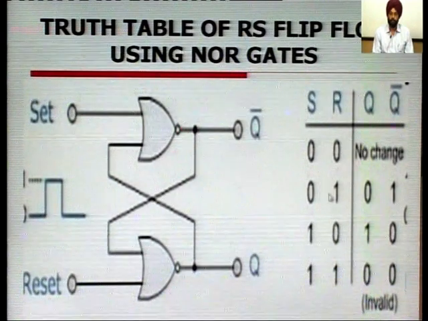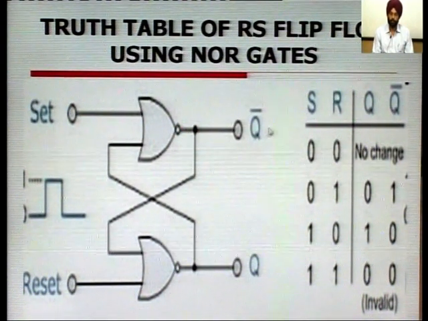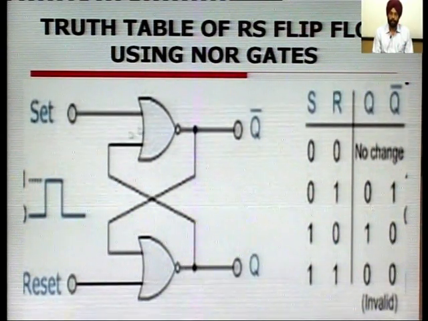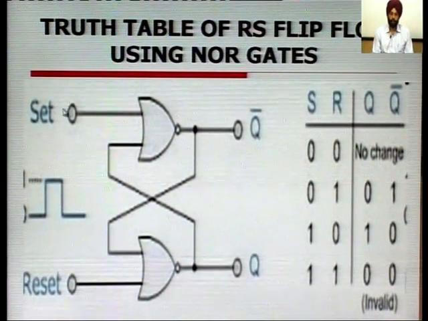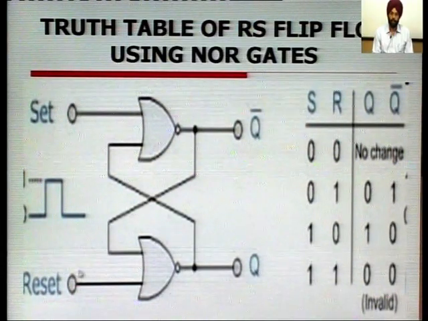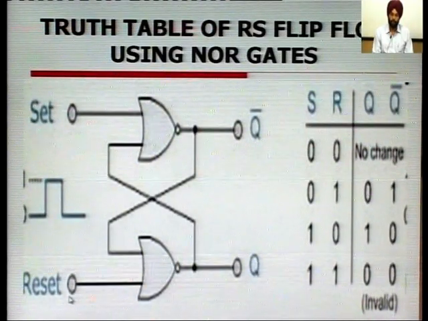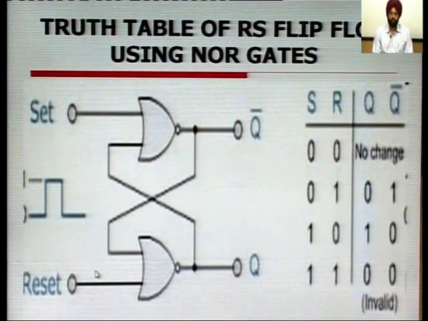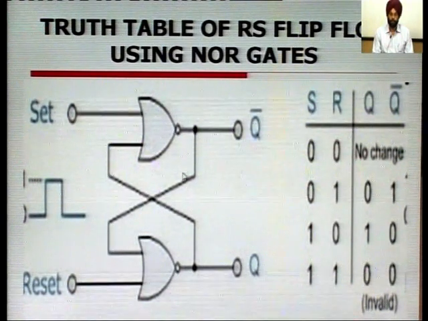Now, we will see what happens to the outputs of this circuit when we apply a 0 input at S and a 1 input at reset. When we apply a 0 input at the set input of this flip flop and a 1 input at the reset input of the flip flop, this will shift this flip flop into a reset state.